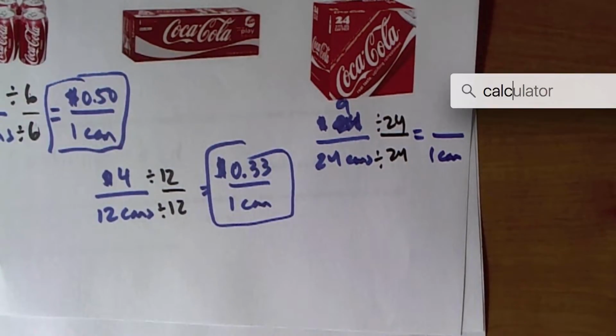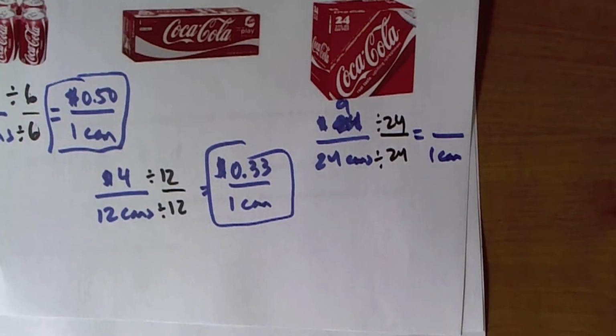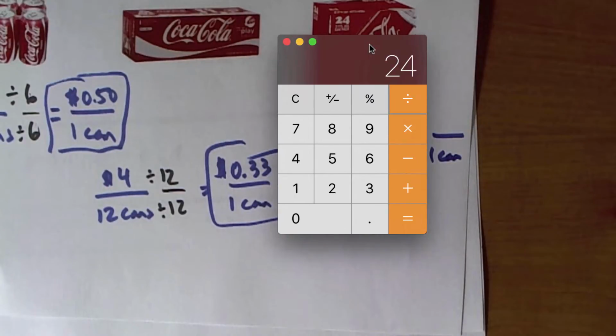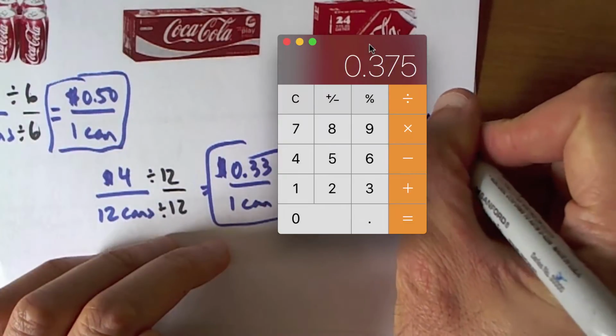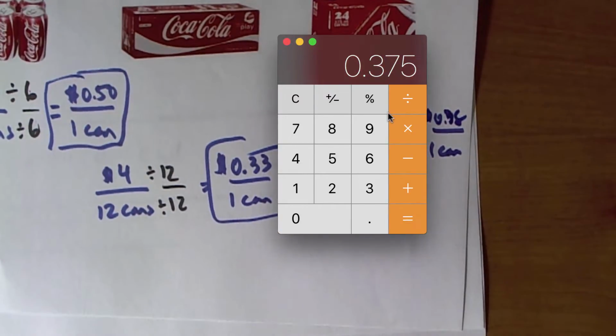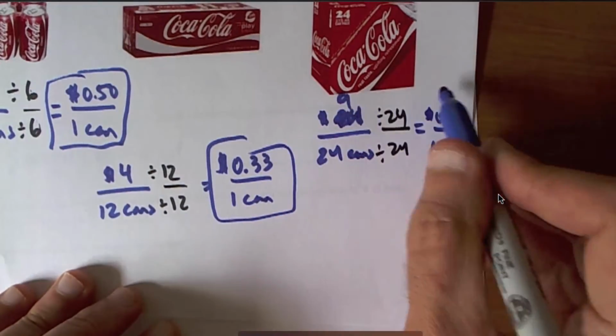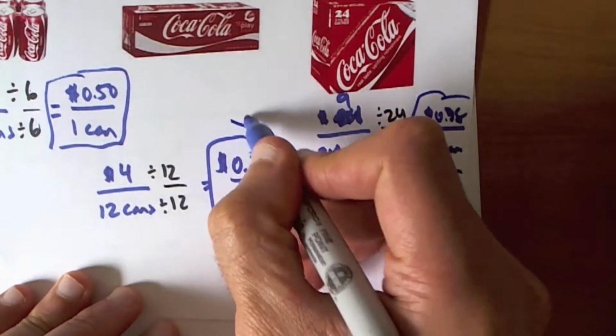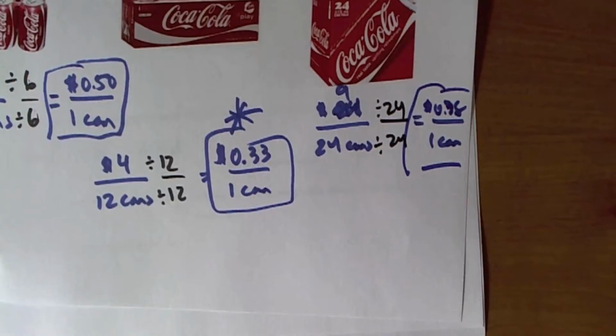Let me just take out my calculator here. 9 divided by 24. Okay, 0.375. Since it's money, we'll round that up to 38 cents. So actually, despite what you might think, this one was the cheapest price.